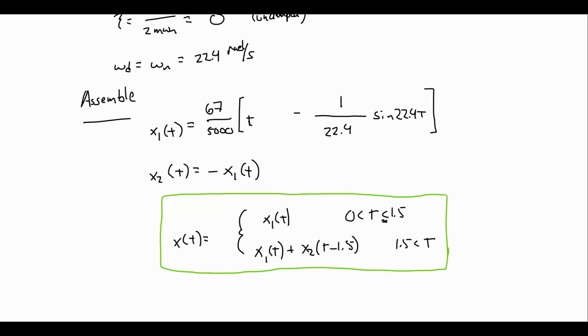That's what we want to break the F1 and F2 into, and then we can get solutions for this x1 and x2. So next we're going to see how we can plot this in MATLAB and see visually what our total solution looks like. This is the closed form solution. Now we want to plot it.